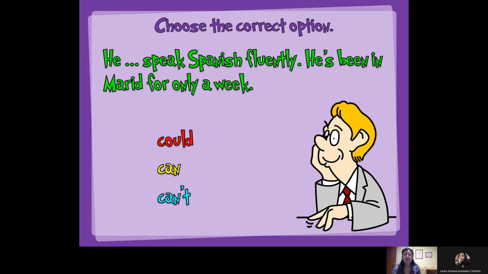And remember that we are talking about speak a language, in this case Spanish. And when we speak a language like Spanish, is when you are talking about abilities. Abilities or inabilities. What is the modal?